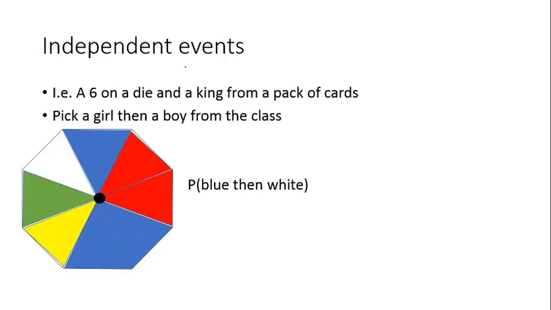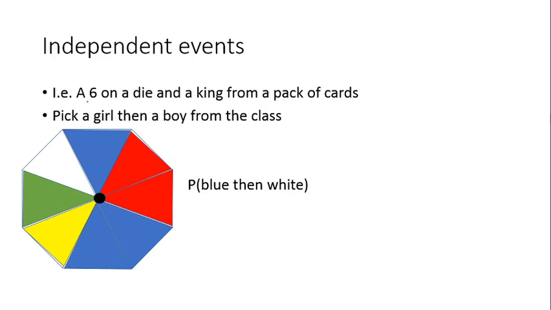If we've got independent events, these are events that don't depend on each other. Rolling a 6 on a die and pulling a king from a pack of cards: it doesn't matter what I get on the die, whatever I pick from the pack of cards doesn't affect it. If I pick a girl and then a boy from a class, however, that is dependent.